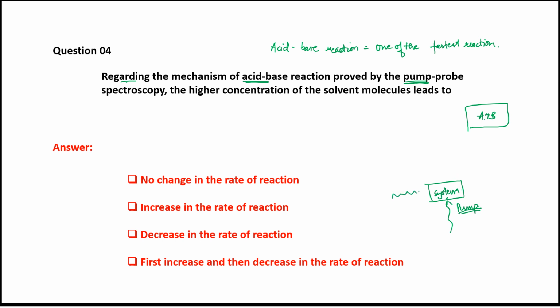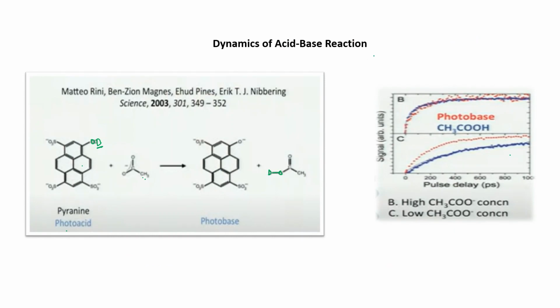Immediately when it reaches an excited state, you incident a probe light to it which is perpendicular to it. Now, apart from the pump light, the emission spectra of this probe light is recorded. When you record the emission, you will see as a function of time, at time 0 you will not see any emission, but when the time increases, slowly there is an increase in the emission. This is what they had studied in this acid base reaction. They observed that two concentrations were noted.